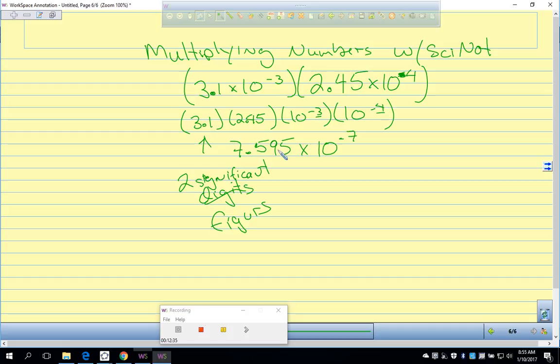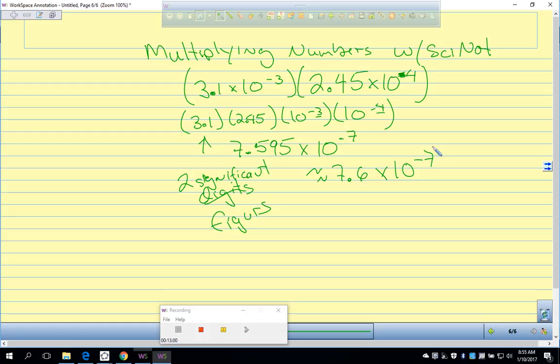And so this has to be rounded off to what? 7.6. So you round this off to 7.6 times 10 to the negative 7, because that's the least amount of significant digits in either number.